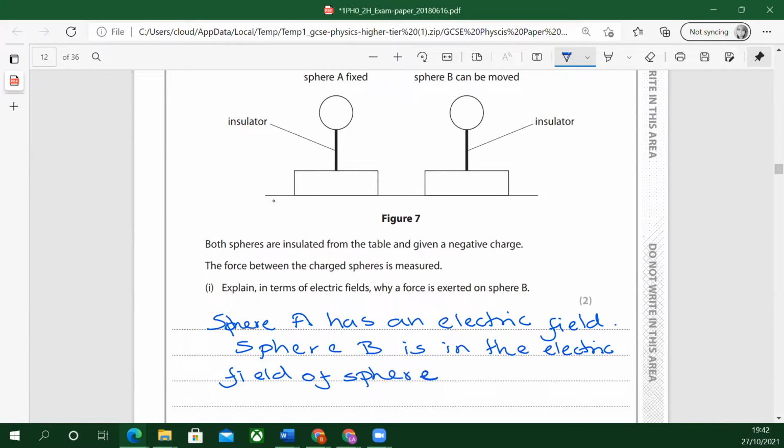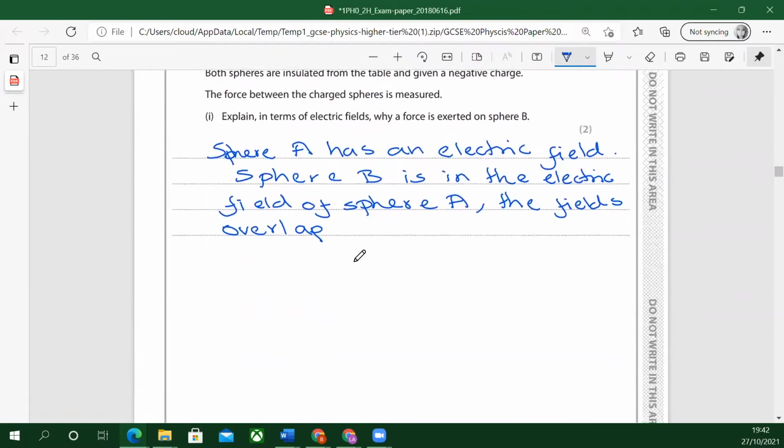Okay, it's the first bit. And the fields overlap. So it's not exactly like positive, negative charges.